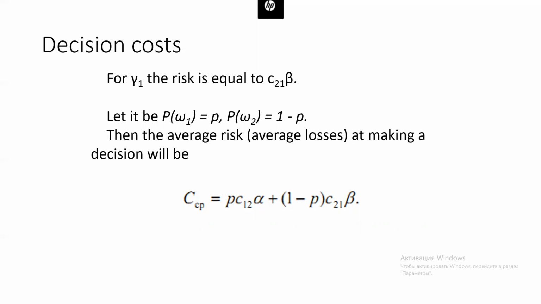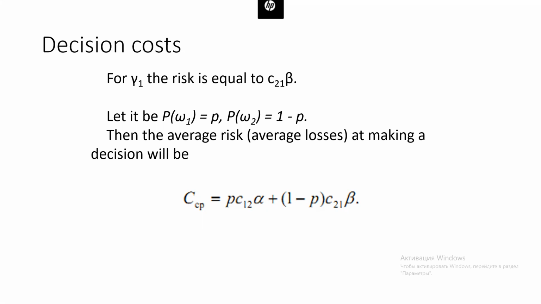Let's suppose that the probability that the classifier input is a patient or object from class 1 is equal to pi. It means that the probability that we will have an object from class 2 will be 1 minus pi.